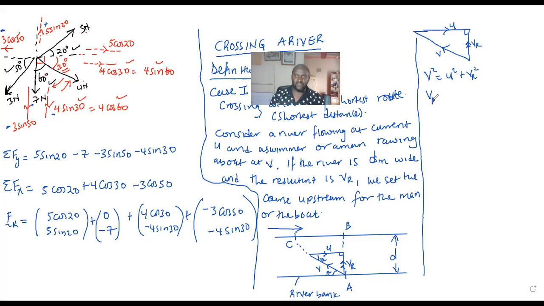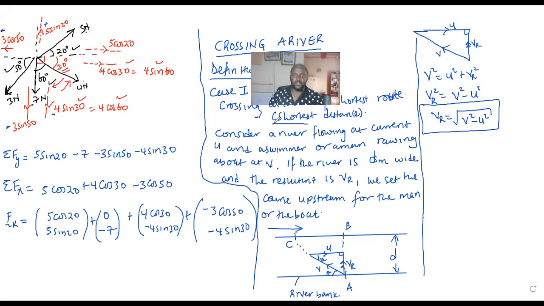Then the resultant velocity with which the person would cross is VR, which is the square root of V squared minus U squared. And this is the first case definition for crossing the river by shortest route.